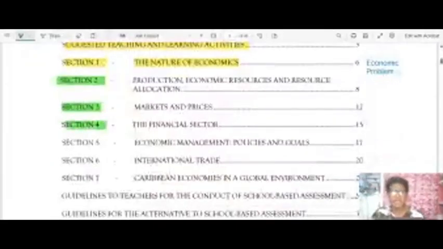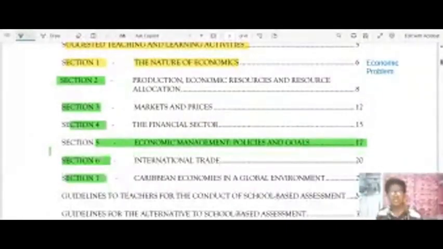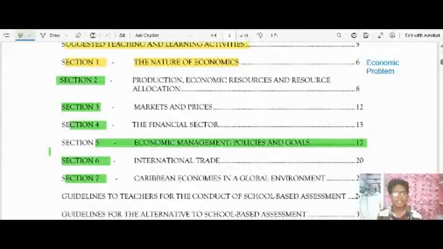We're looking at the financial sector, economic management and policies and goals, international trade and relations, and section 7, which is the Caribbean economies in a global environment. That is talking about the global market as a whole, in relation to economies outside of our own.